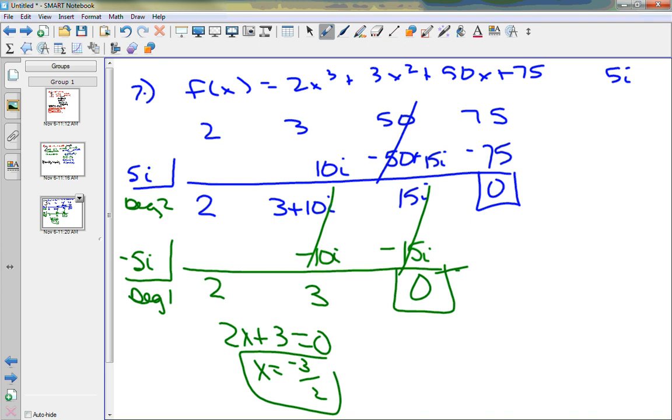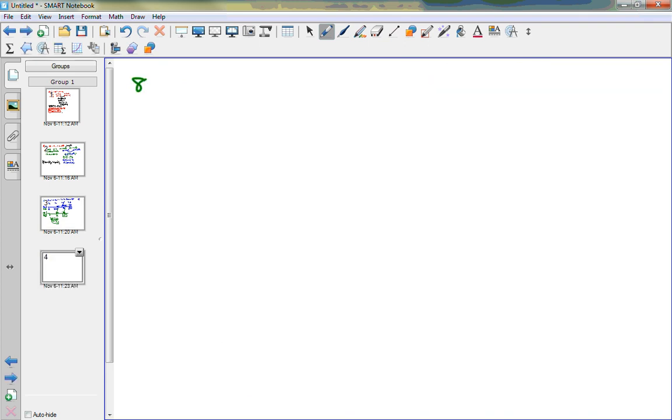Okay, are there any questions over worksheet 1 or worksheet 2? 8 on worksheet 1.